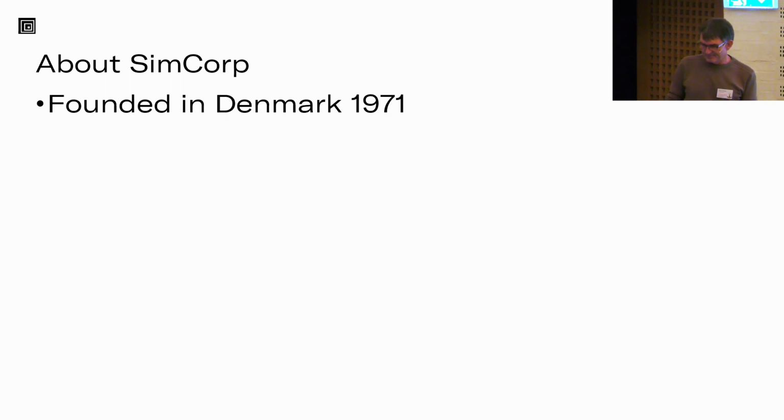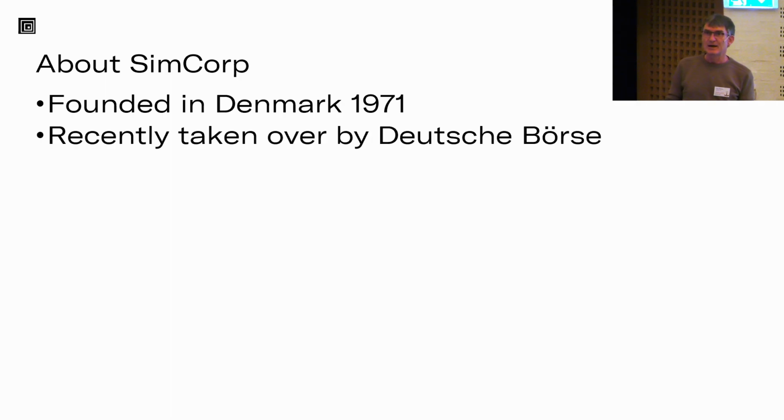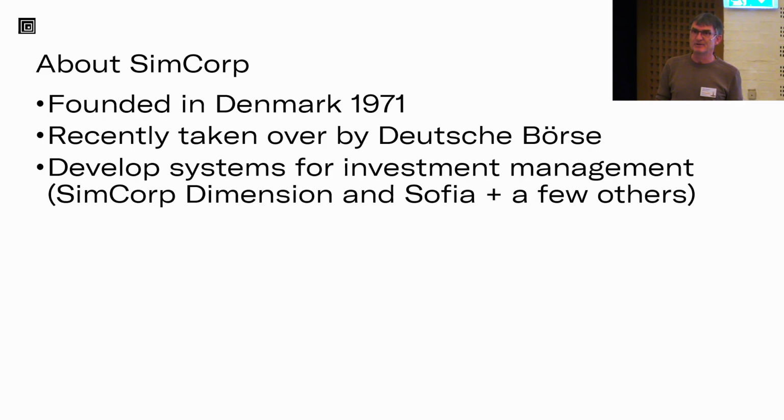So, just a little about SimCorp, a company founded more than 50 years ago, and very recently taken over by a German company, Deutsche Börse. I think it's translated to German stock market. We develop systems for investment management and have SimCorp Dimension and Sofia, because we bought APL Italiana at some point, and we have a few others.